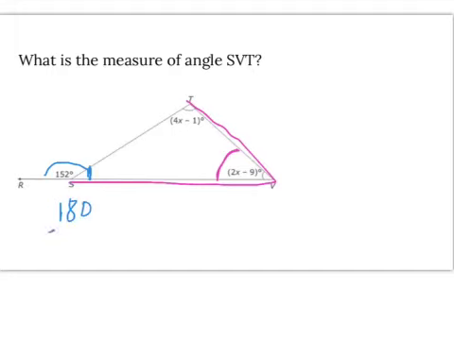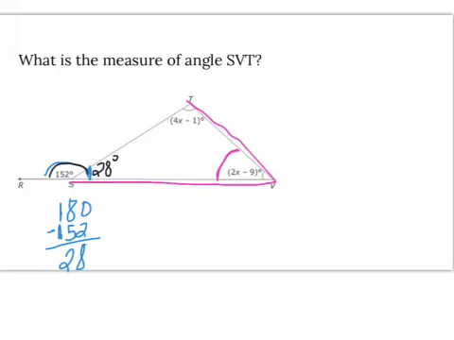So I do 180 minus 152, and I get 28. So that means this angle in here, inside the triangle, is 28 degrees. Again, this 28 and 152 are on a straight line, so they add up to 180.